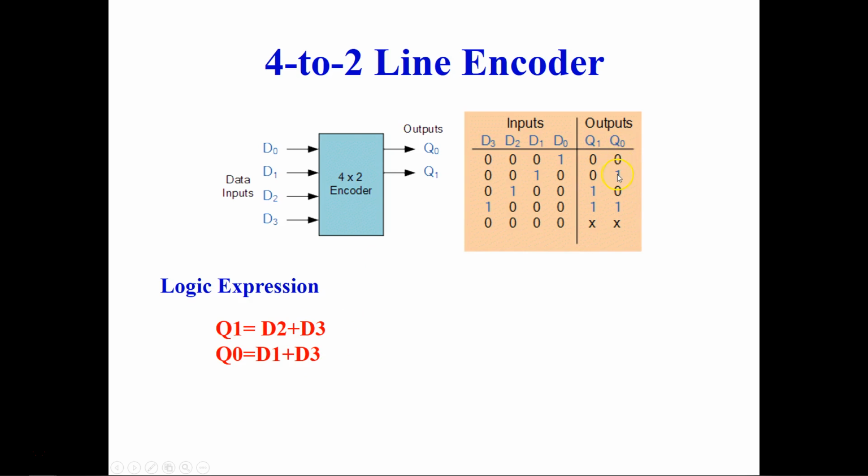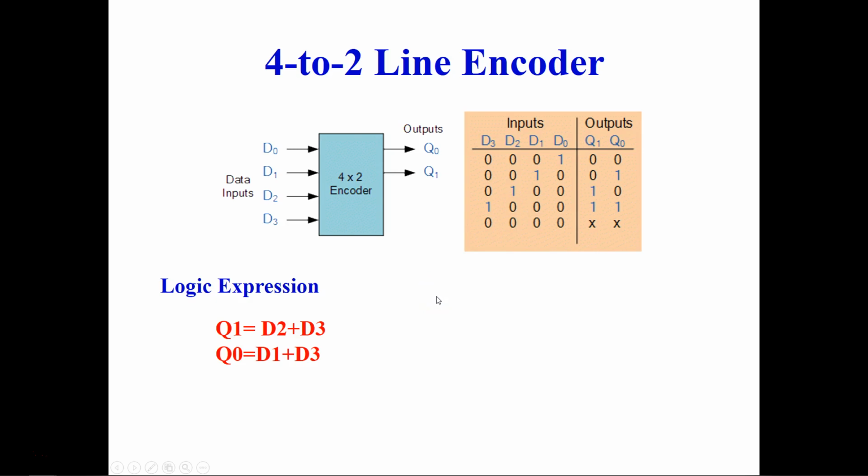We will do the same for Q0. Q0 is 1 here, which means at this point D1 is activated, so that's why you have D1 here. Then we go down and see that Q0 is activated at this point, where D3 is activated, so that's why we have D3 here. So you understand how the logic expression comes from the truth table.